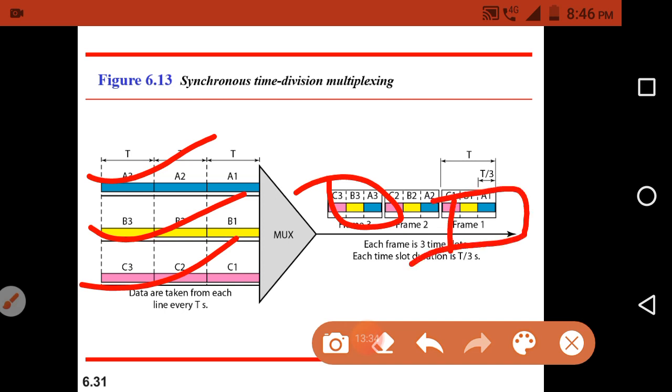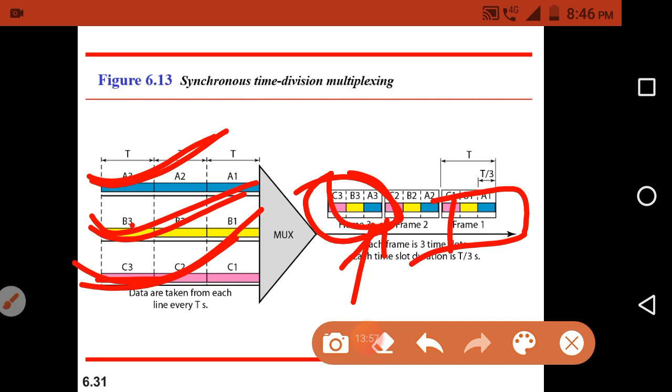So this is one frame. For example, take the first frame: in this first frame we collect the A3 data unit from the first connection, the B3 data unit from the second connection, and the C3 data unit from the third connection. So these 3 data units we need to place into one frame.